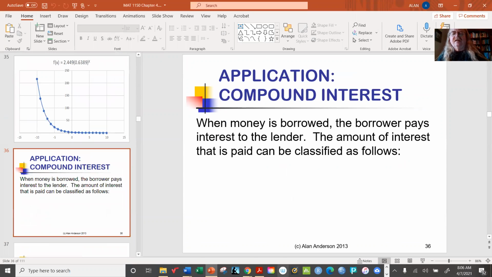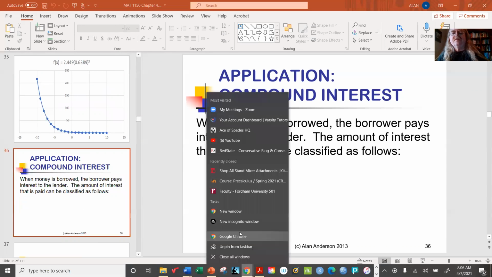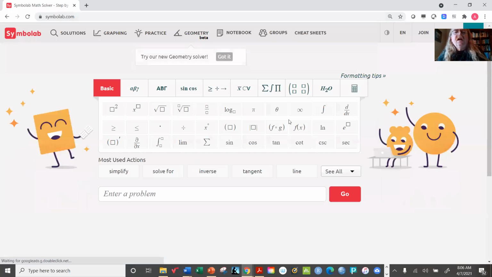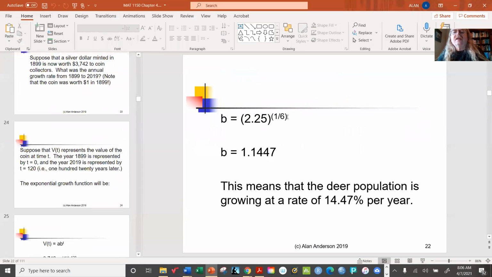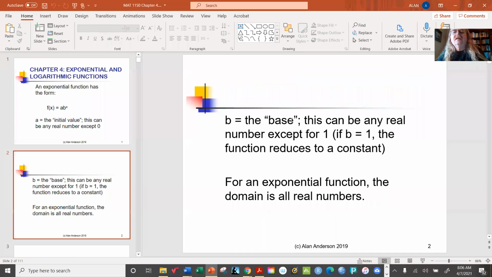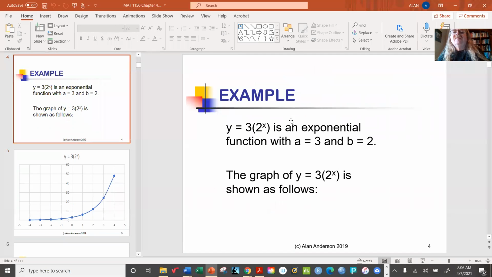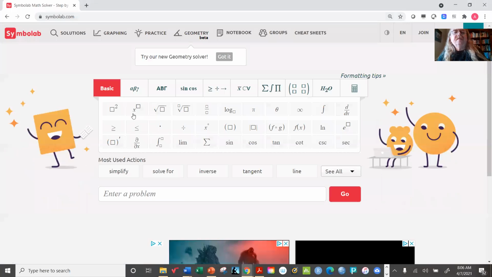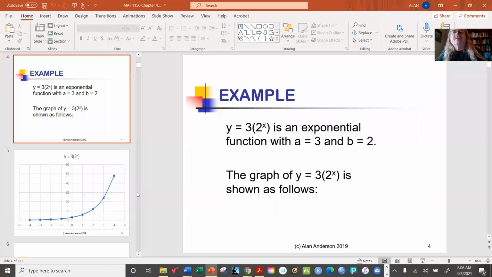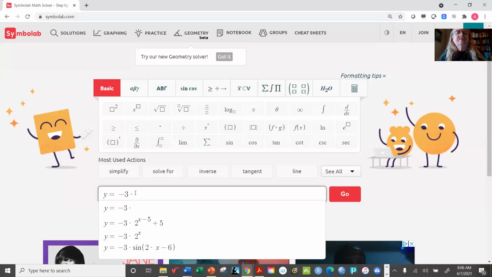All right, I'll tell you what, let's go to Symbolab and find one. We don't have to get too carried away. Let's just use the exact same example, except that this time a will be -3. So we'll have y equals -3 times 2 to the x power.